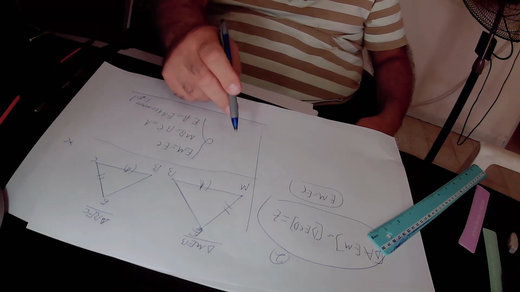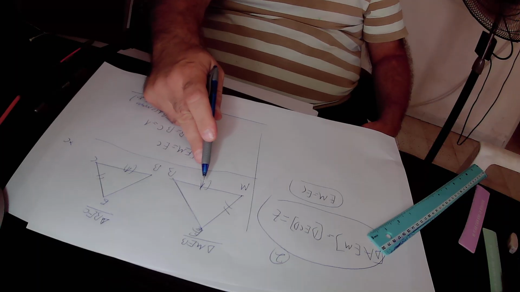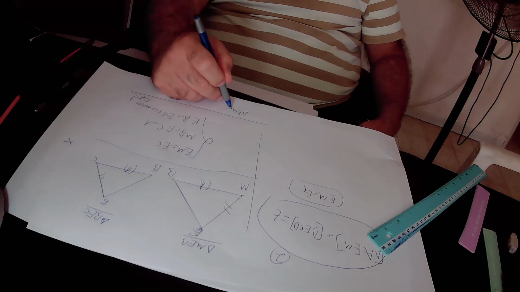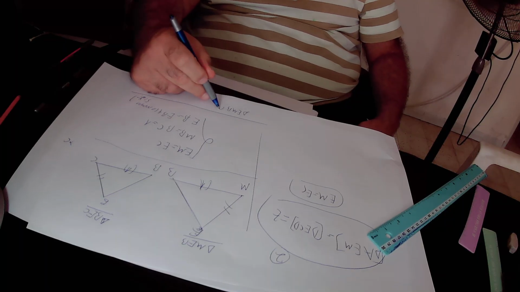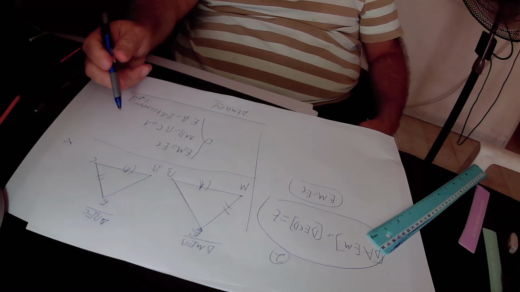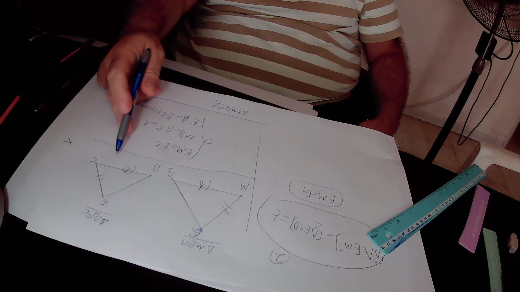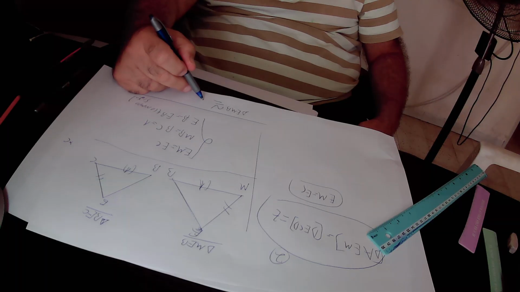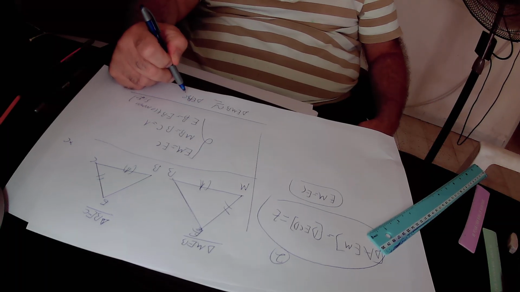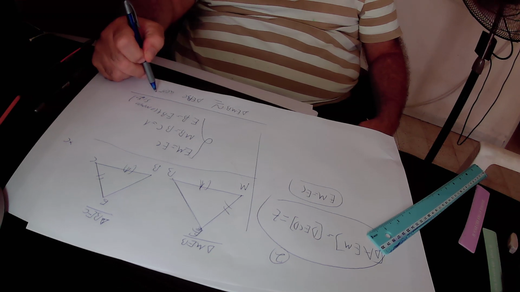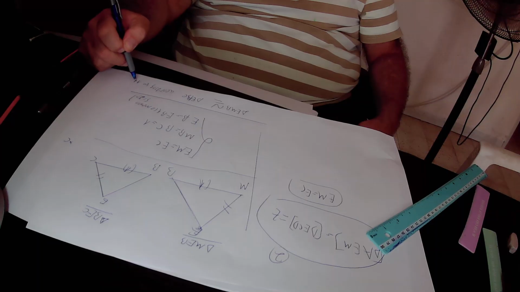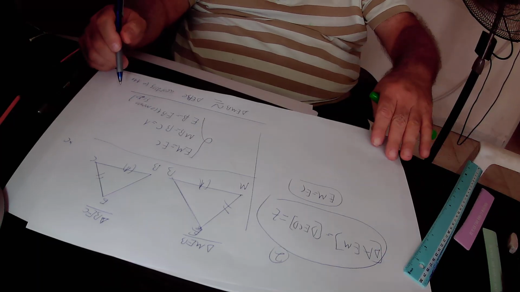And for now, we found out that this triangle EMB is congruent, this is the sign of congruent, to the triangle EBC, and this triangle EBC is not a right triangle. According to the angle similarity rule.